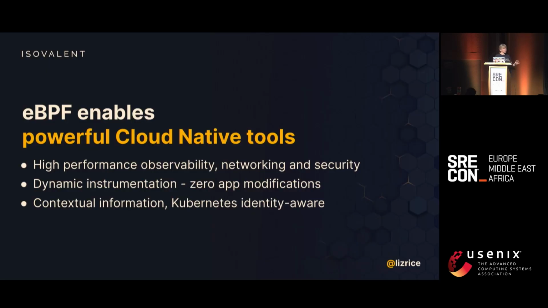So I think I've shown you a bunch of different examples where we've looked at observability, we've looked at networking, we've looked at security, we've looked at mitigating vulnerabilities, we've looked at all these different things that we can do with eBPF because we can dynamically change the way that the kernel behaves.